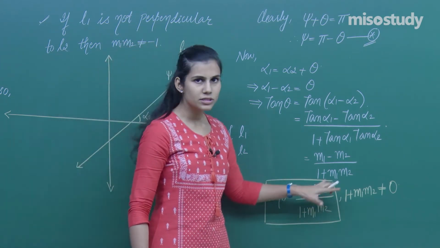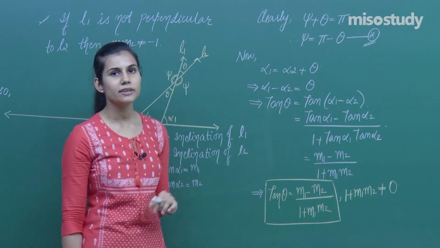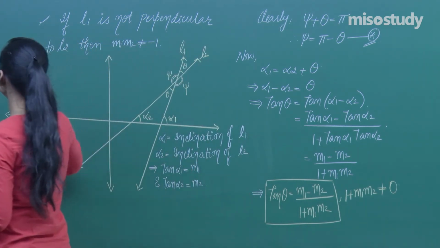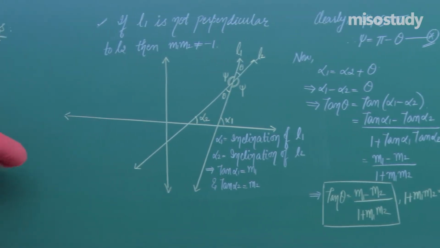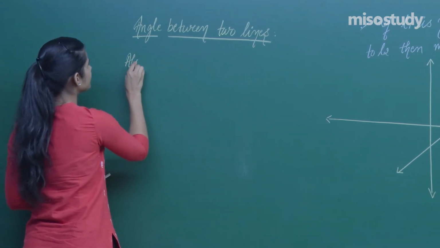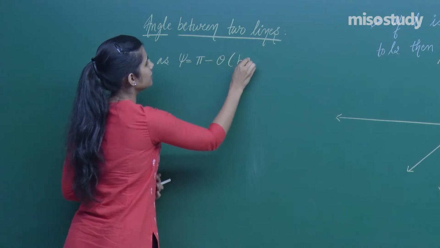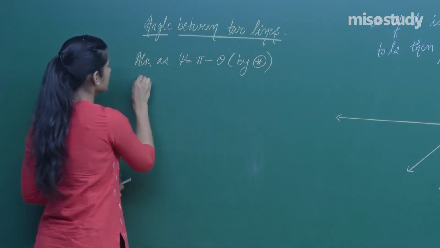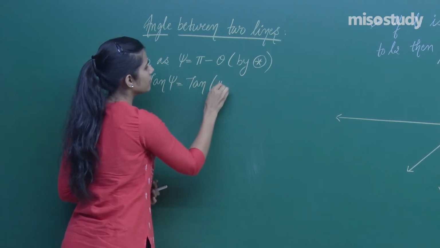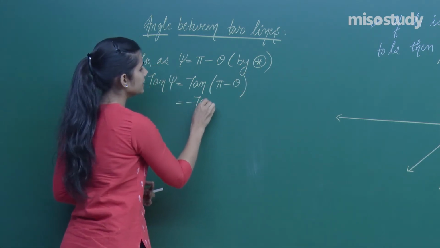If tan theta equals a real number, that gives you the value of theta from 0 to 180, where theta is one of the angles between L1 and L2. If you have theta, how can you compute the next angle between L1 and L2? As xi is pi minus theta, tan xi is tan of pi minus theta, which is minus tan theta.